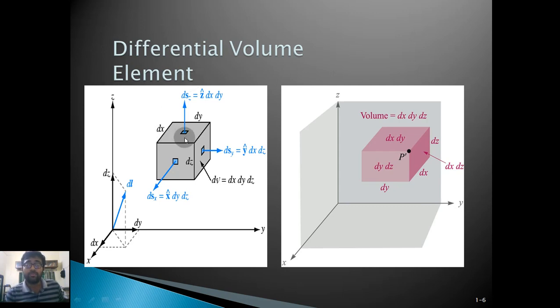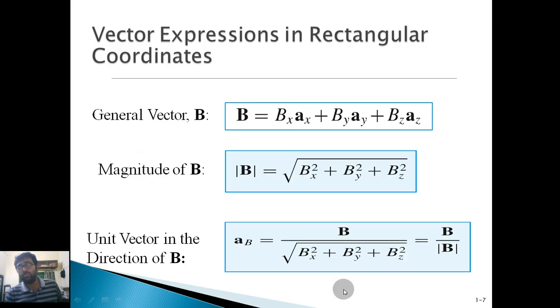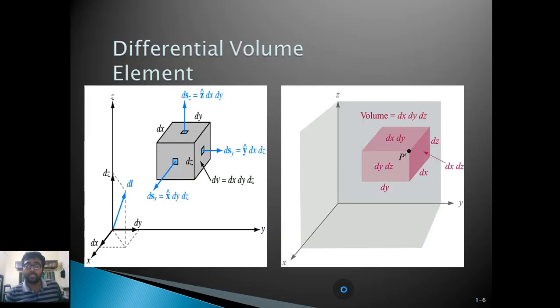And the volume will be a scalar quantity.